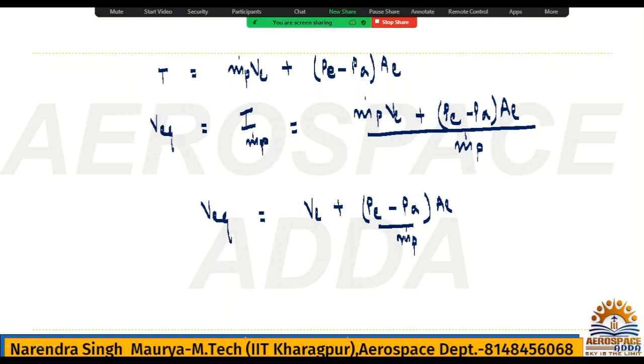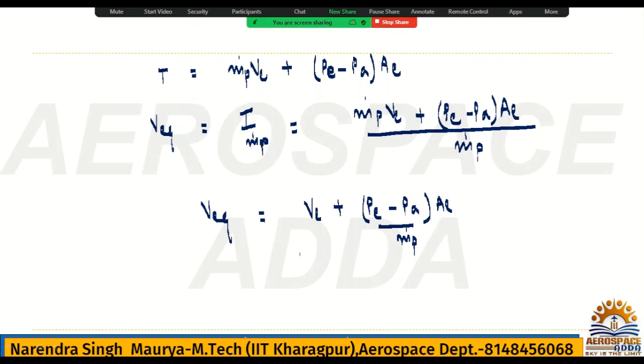Here V equivalent is the effective exhaust velocity that would produce the equivalent thrust, which could have been produced due to both the momentum and pressure components. I explained two types of thrust: momentum and pressure.